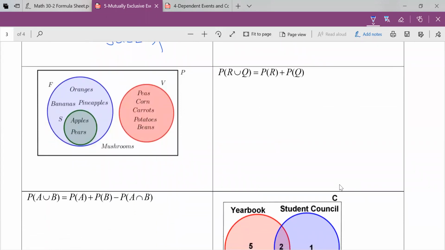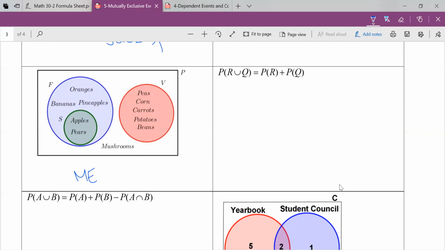Okay, now looking at this Venn diagram I've got here, let's just look at the sets F and V. I would call F and V mutually exclusive. They're disjoint. I could also say S and V are disjoint. So again, when there's no intersection, we're disjoint.